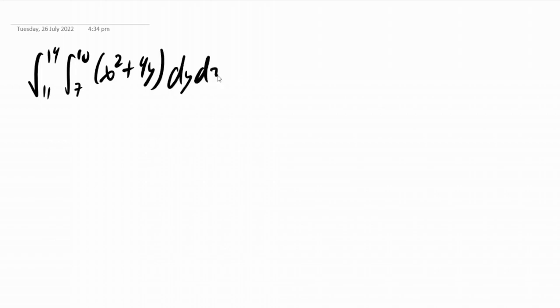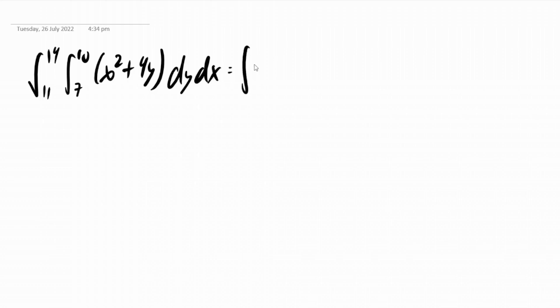Another example is the limit from 11 to 14, integral with limits from 7 to 10, of x squared plus 4y dy dx. Now, since dy is in the middle, we will only integrate 4y, and we will consider x squared as a constant.